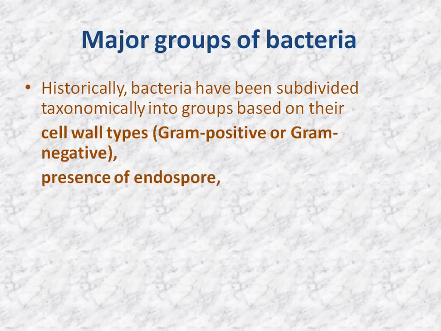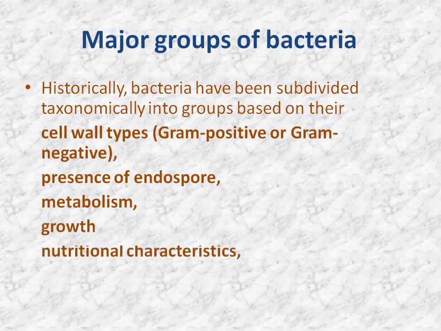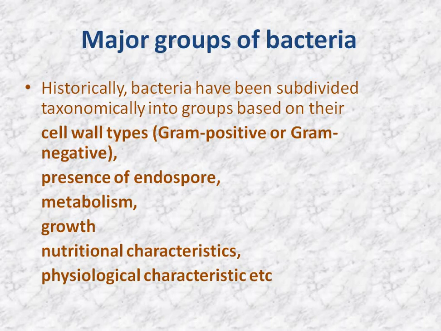Another basis is the presence of endospores, which are structures produced when environmental conditions are not favorable for the growth of bacteria. They are also grouped on the basis of metabolism, growth, nutritional characteristics, physiological characteristics, etc.